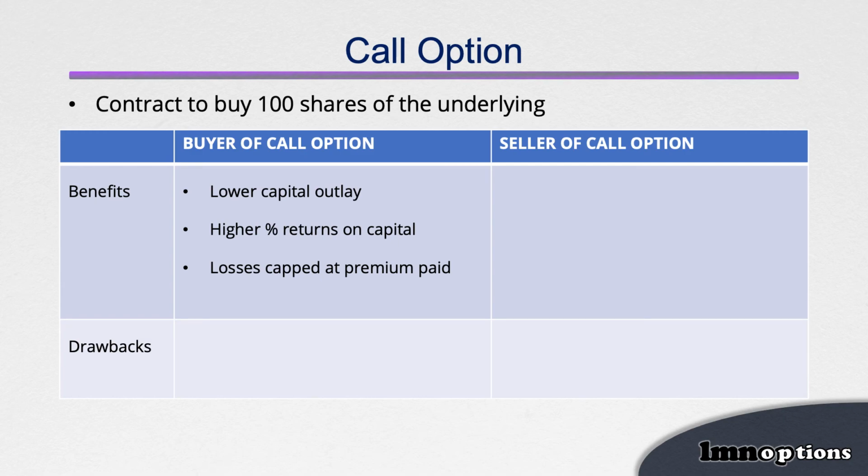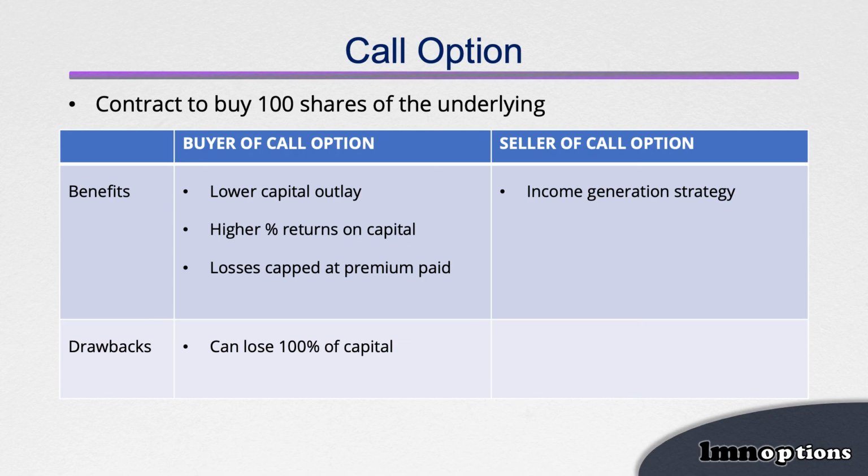The seller of the call option can create an income stream from collecting premiums on selling call options. This can be a very effective and lucrative income generating strategy when used in combination with other options or with other positions in the underlying asset. We will talk more about these strategies in other videos.